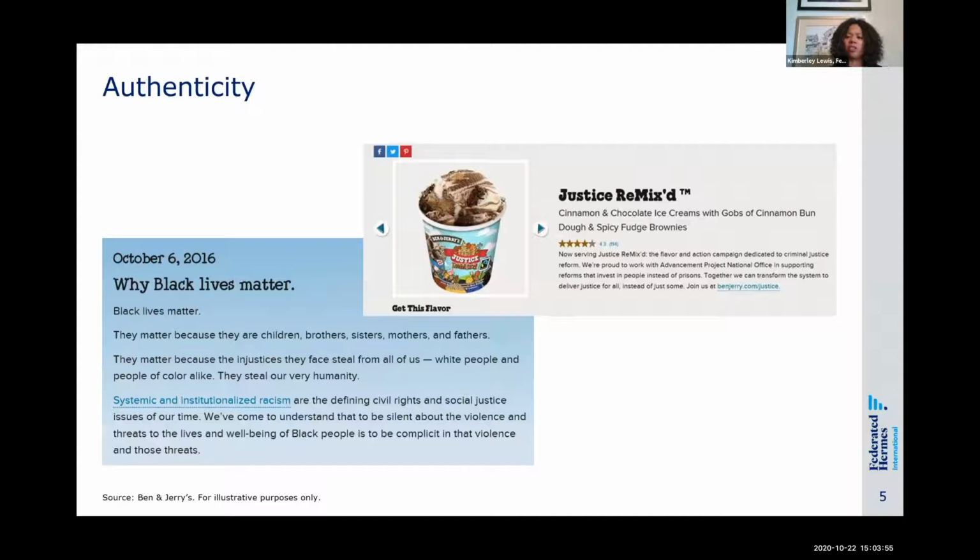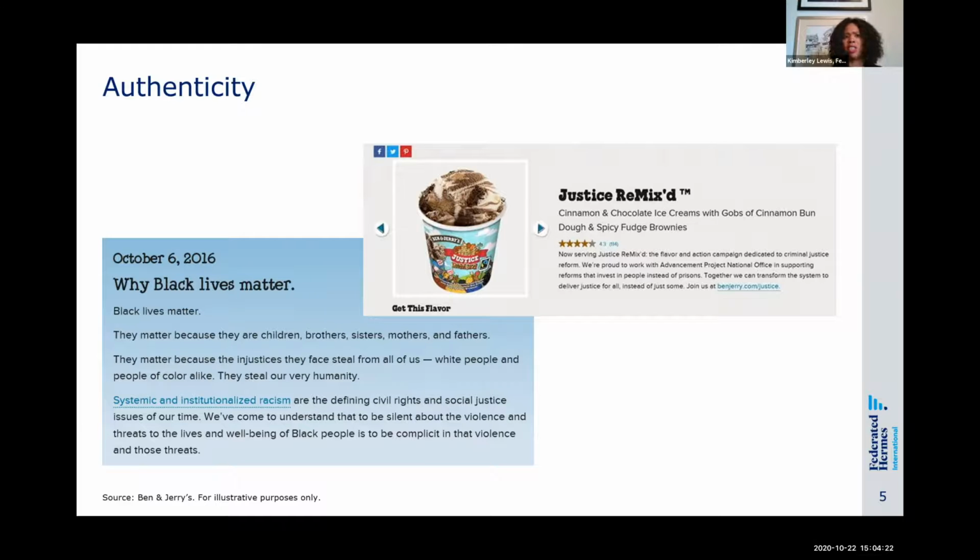And I want to give another example of a very different company. This is a consumer goods company, a very popular one, but it's one that is known for taking bold statements on issues like social justice for years. You can see that this is a screenshot from its website from nearly 5 years ago, where it was talking about Black Lives Matter.